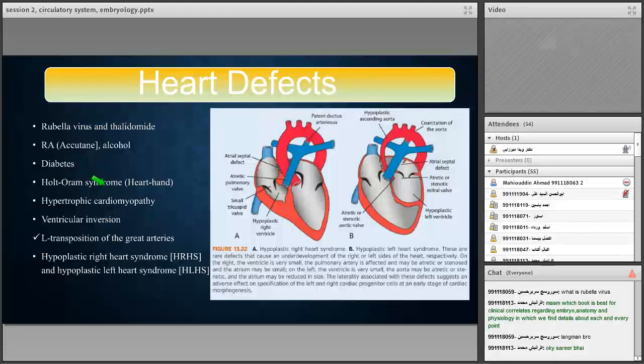And also we call them heart-hand syndromes because of these genes. Another defect in the heart is hypertrophic cardiomyopathy, which will happen because of some defects in the myocardium. The myocardium will be hypertrophic.